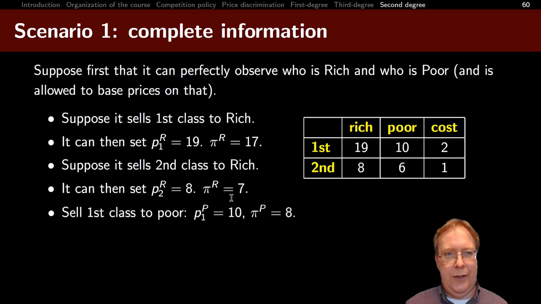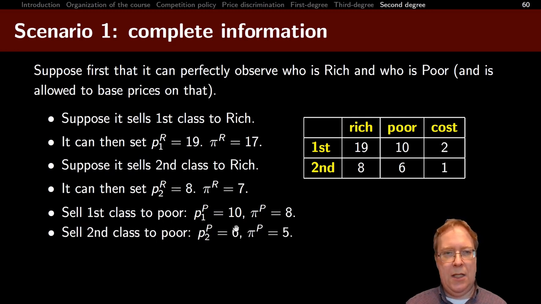For the poor, a similar analysis holds. It can sell first class to the poor. They're willing to pay 10, so its profit will be 8. If it sells second class, it can set a price of 6, profits would be 5.